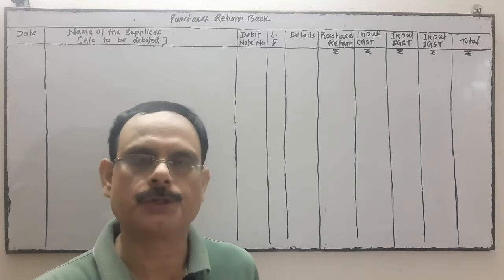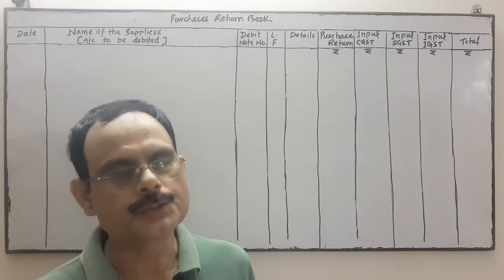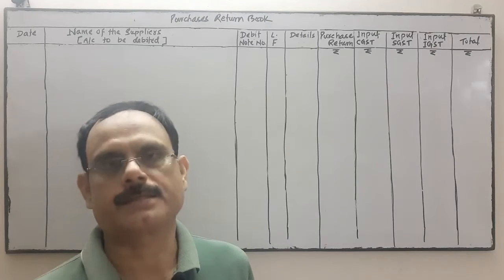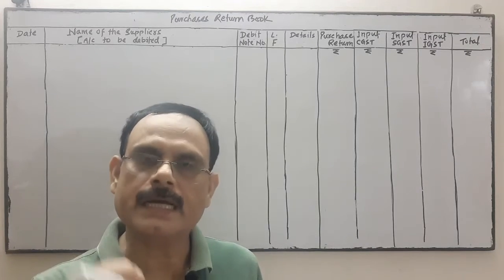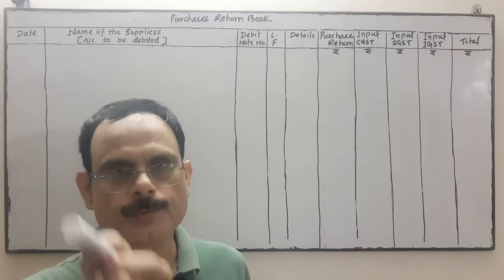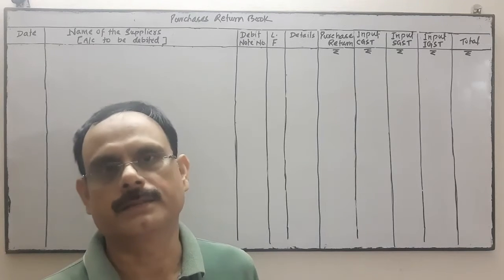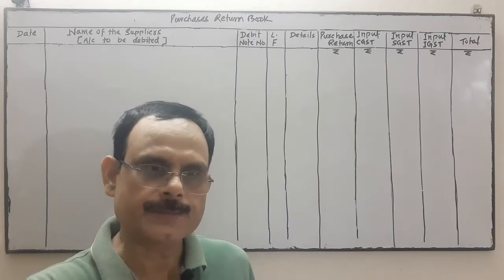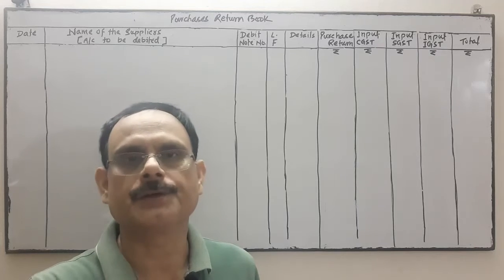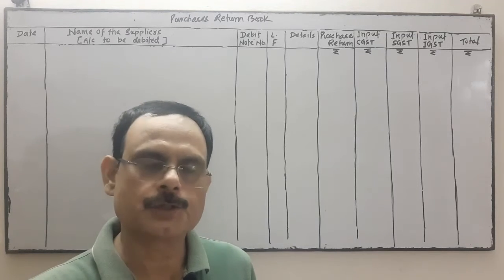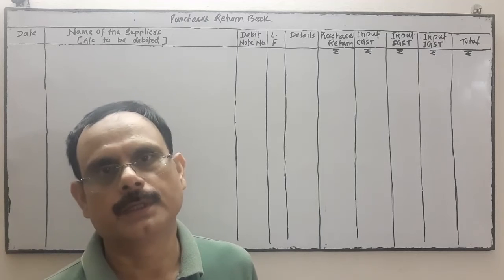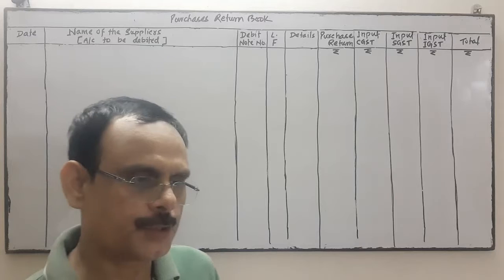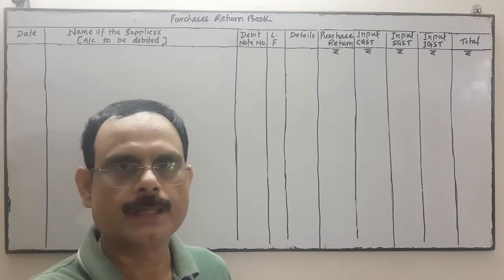A debit note is also issued when the total of the invoice is undercast, or when some of the items are not mentioned in the invoice, that is, omitted. So a debit note is issued to the supplier.